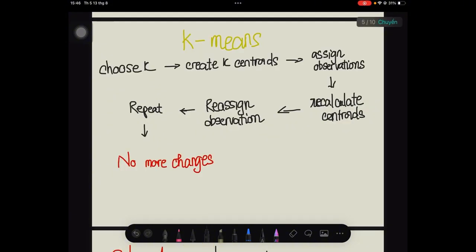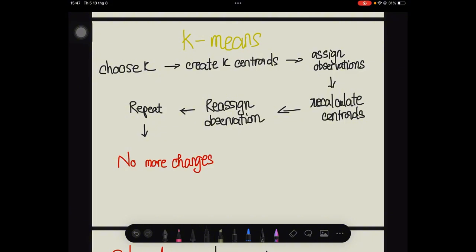So now let's move to K-means clustering. K-means is one of the most common clustering algorithms. The name gives us an important clue. The analyst chooses a number, K. K represents the number of clusters we want the algorithm to create.